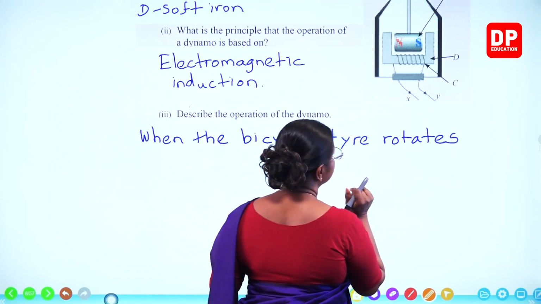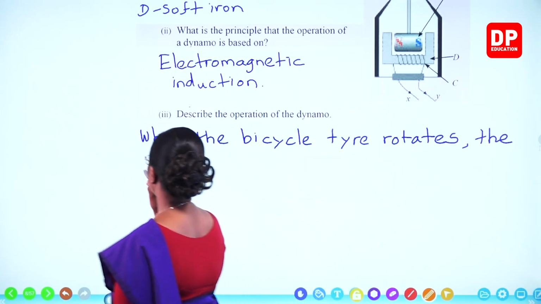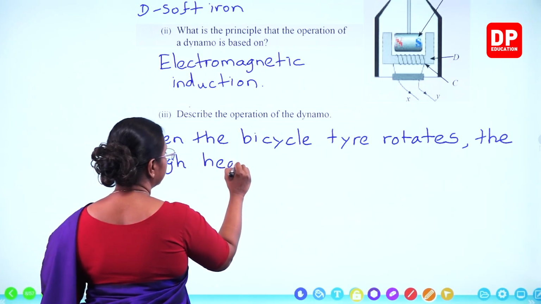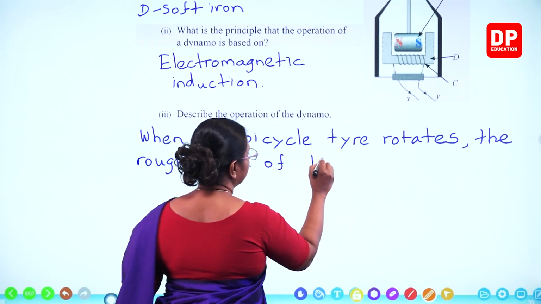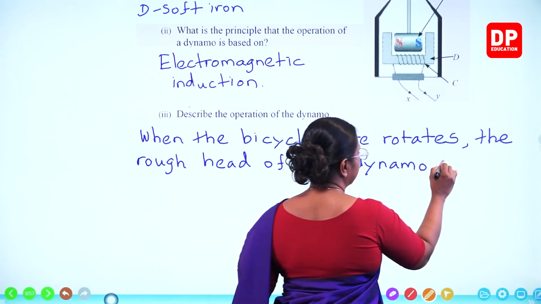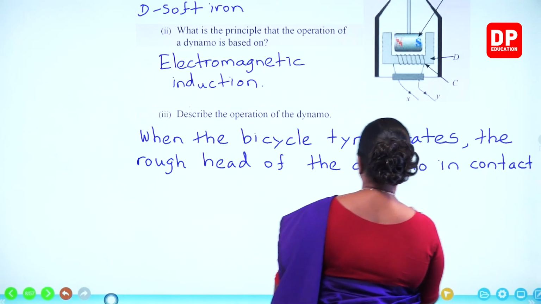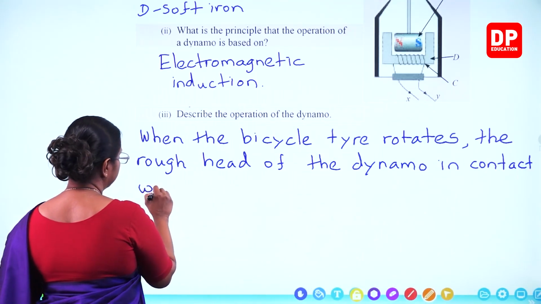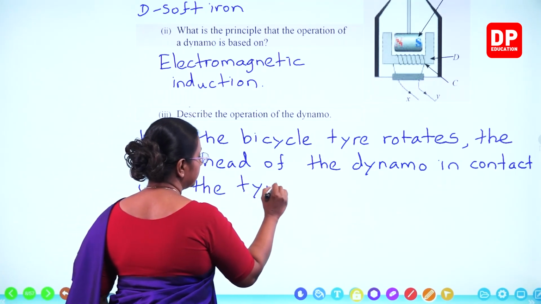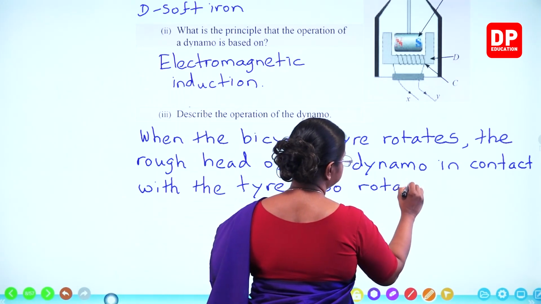So when the bicycle tire rotates, the rough head of the dynamo in contact with the tire also rotates.